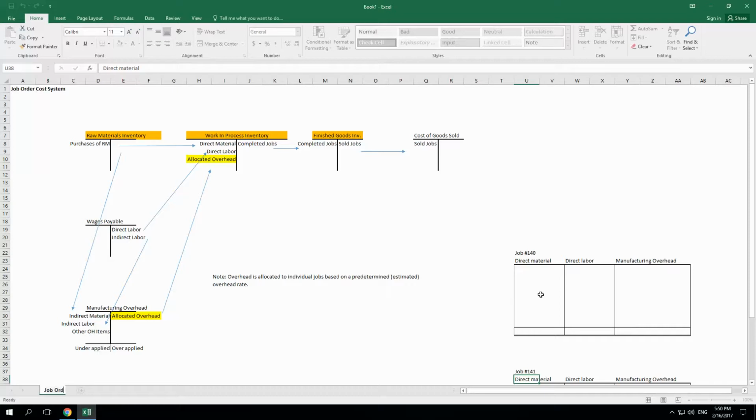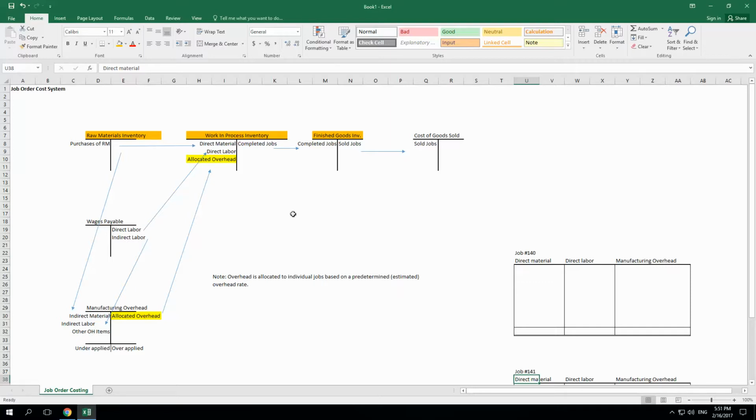So it's different because when you start talking about tracking things by process, then all of a sudden you could have several different processes, right? Take for instance maybe a soup company. They have the stewing department, and then they have the canning department. They might have the labeling department, and they might have the packaging department.